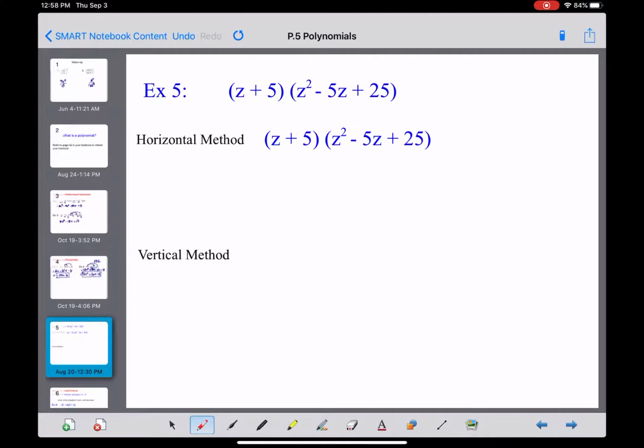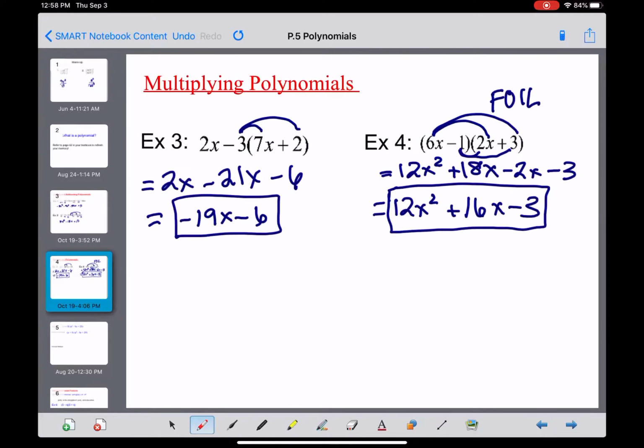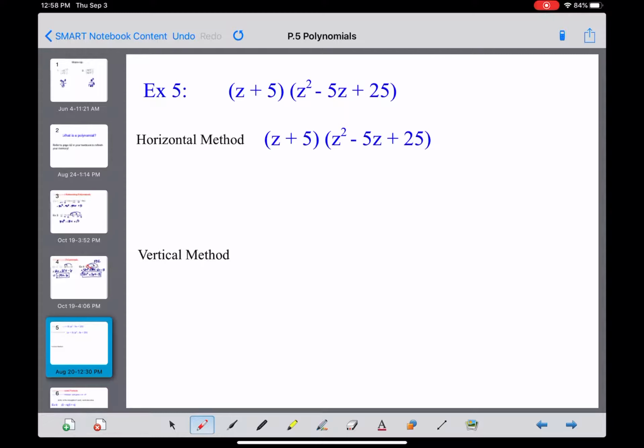So if you think about FOIL, when we did FOIL, we really just took this first term times both of those, and then the second term times both of them. That's what we're doing here. So this z, we're going to multiply it times all three of those terms. So I'm going to have z times z squared, and we add those exponents, so we get z to the third. And then we have z times negative 5z, so negative 5z squared, and then z times 25.